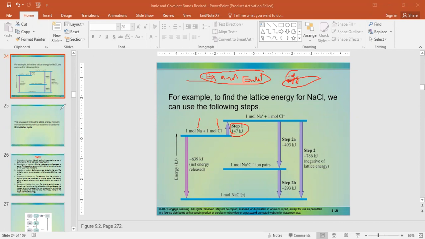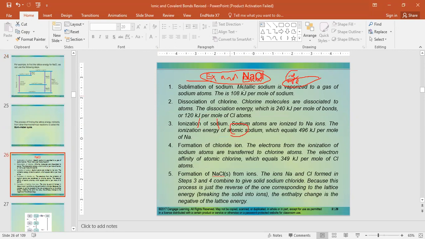But I'm saying that the processes that I'm explaining here are actually involved in step one. So we begin with the sublimation, vaporization of the sodium to gas atoms. And then we have the dissociation energy required to break down the chlorine molecules. Again, these are going to be gaseous. Then after that, these gaseous atoms of sodium are ionized.